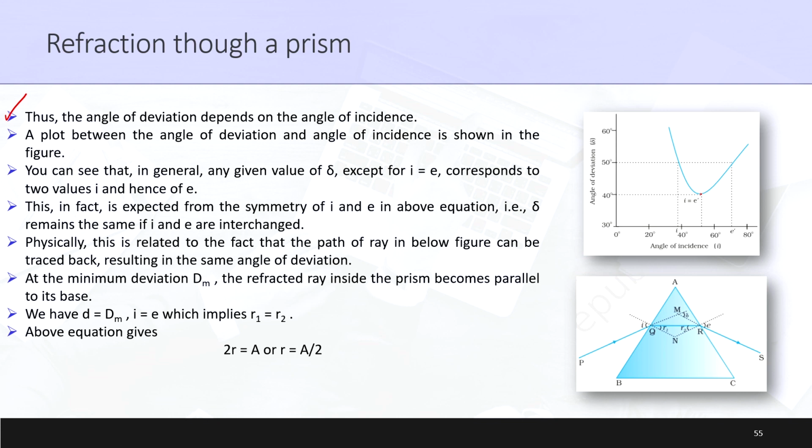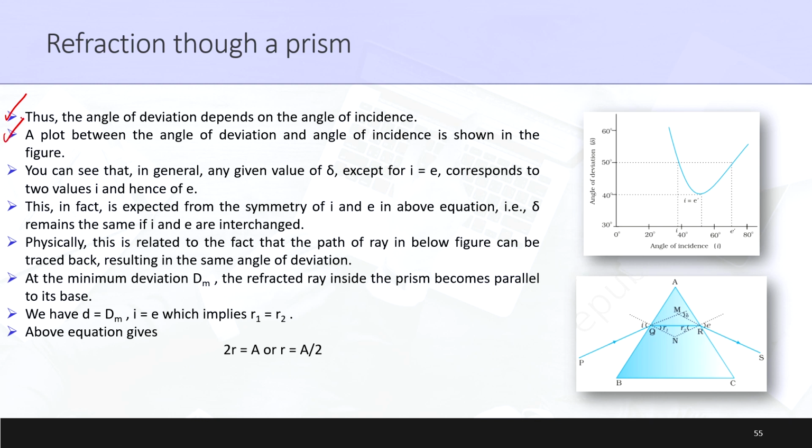Apart from this portion, for any angle of deviation, you can find two different values of the angle of incidence. So, even at this angle and this angle, the angle of deviation is the same.